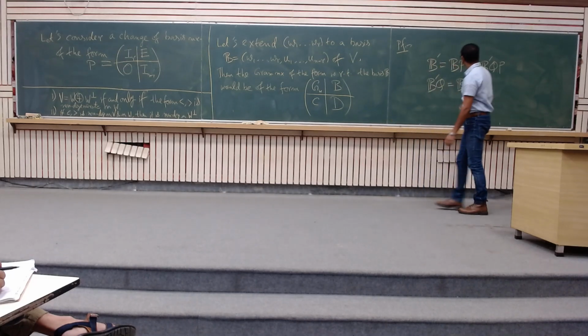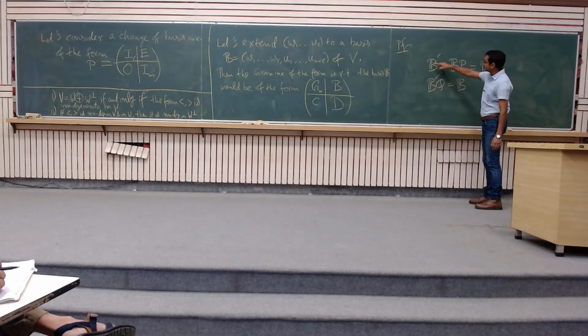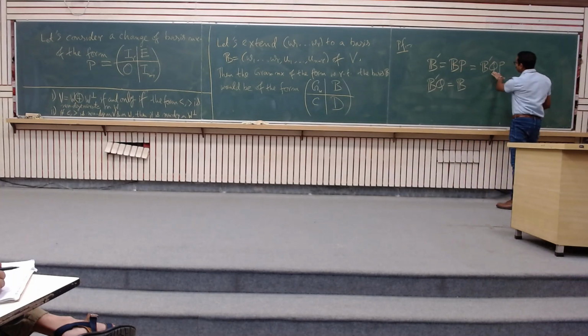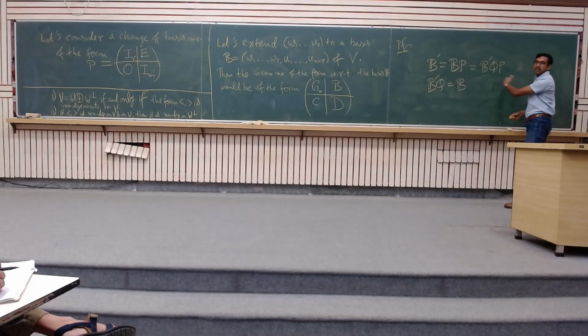So in particular, the coordinates of the basis vectors with respect to this basis are just the columns of the identity matrix, right? So that would mean that QP is the identity matrix, right? So it comes from the definition of a base change matrix that this is invertible, and for every invertible matrix you will get another basis.